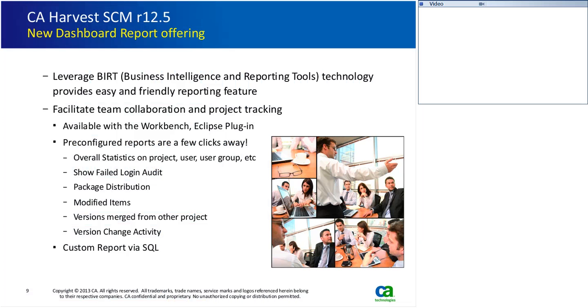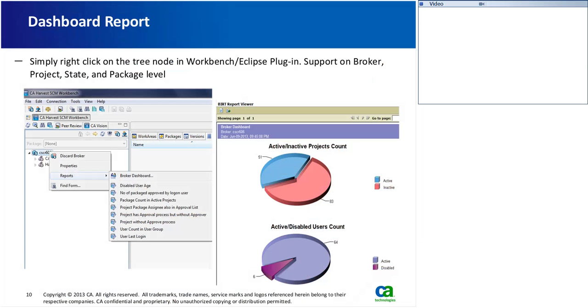Okay. Yes. All right. So let's get into more detail. How to use it? What we offer right now is in the Workbench or Eclipse plugin, because we bundle this BIRT technology there. So what you can do is right-click on the broker node, or any tree node: the broker level, project level, state level, package level, and so on.